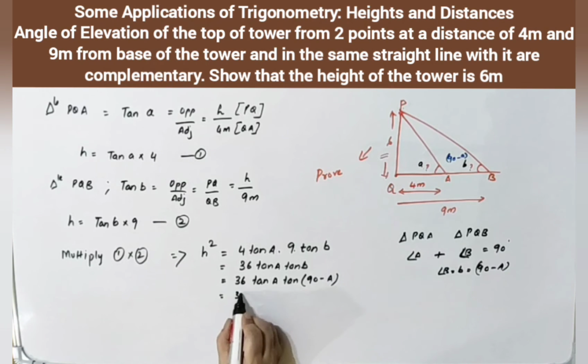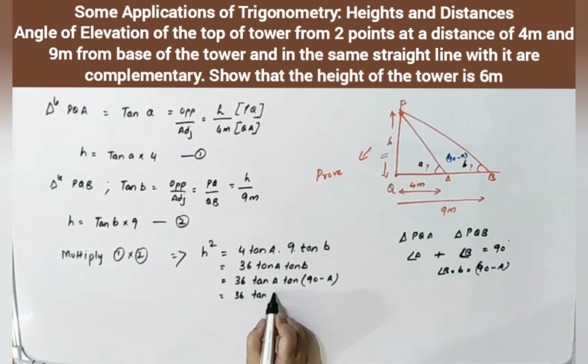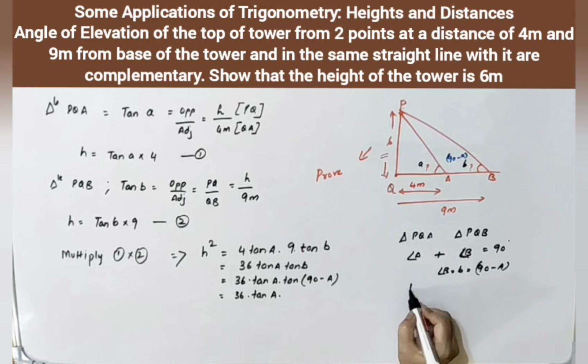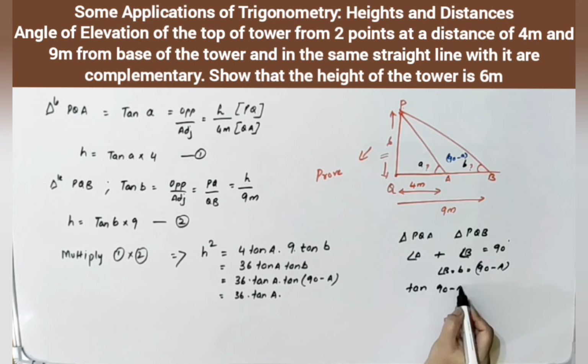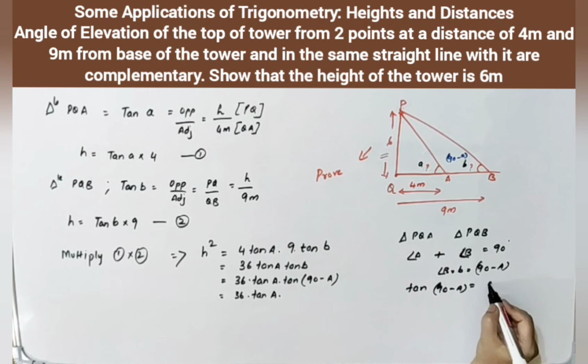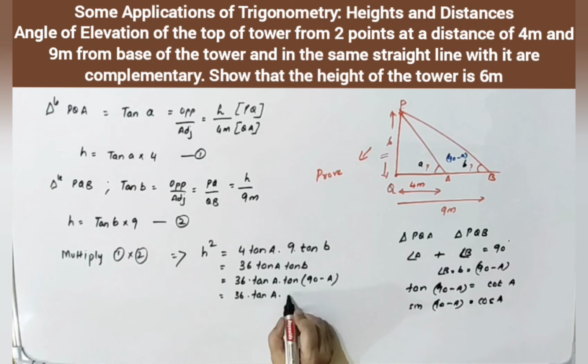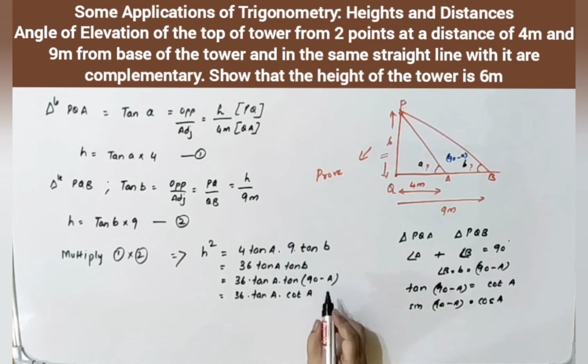So this will be 36 tan A into tan 90 minus A. What is tan 90 minus A? It is cot A. Similarly, if it was sin 90 minus A, it would be cos A, right? Now, what is cot A?